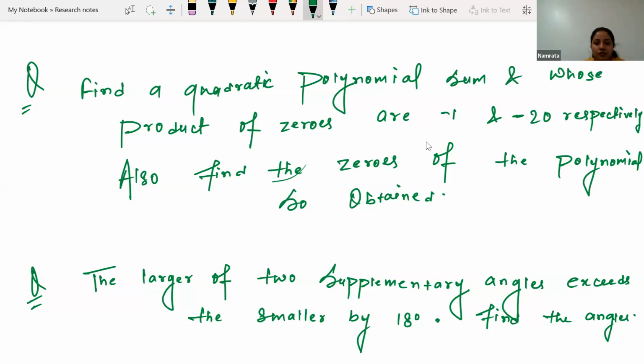Okay, what you got? The polynomial I got is x squared plus x minus 20. Yeah. And what about the zeros? 4 and minus 5. Yeah, perfect. Let's do the next one. Next one is from pair of linear equations.